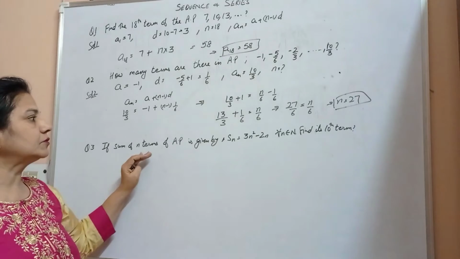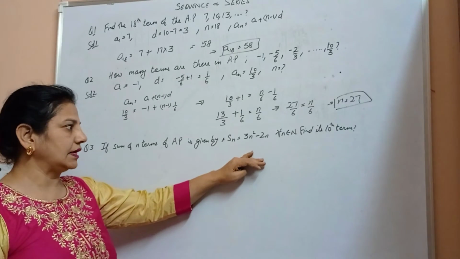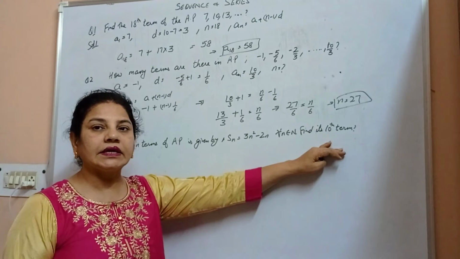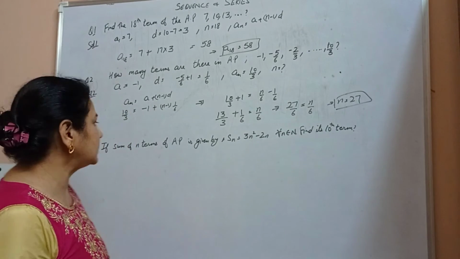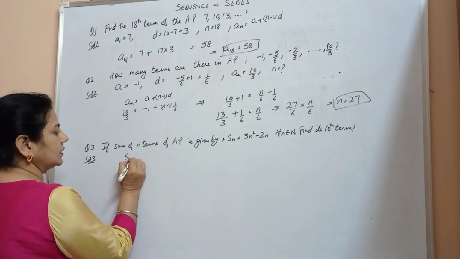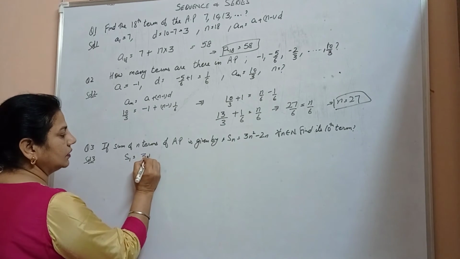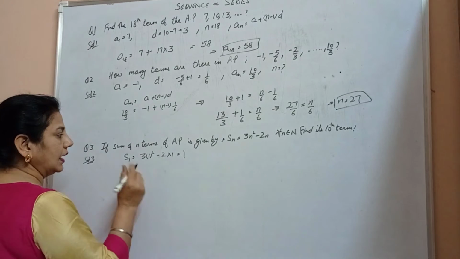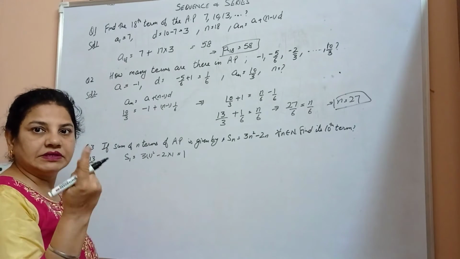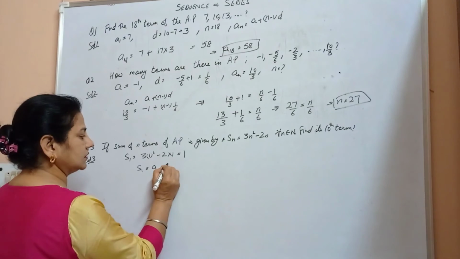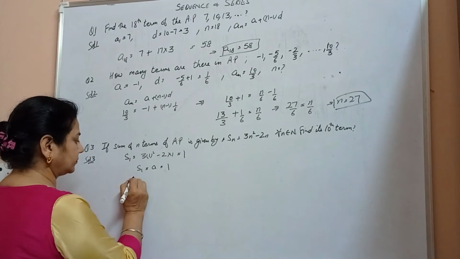If the sum of n terms of an AP is given by Sn is equal to 3n square minus 2n, you have to find the 10th term. For this, S1 is equal to 3 into 1 square minus 2 into 1, which is equal to 1. The sum of one term is the first term itself, so S1 is equal to a is equal to 1.